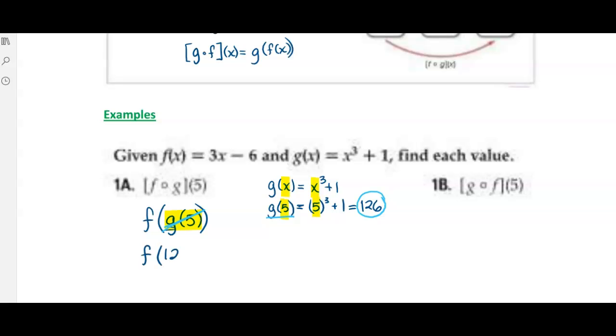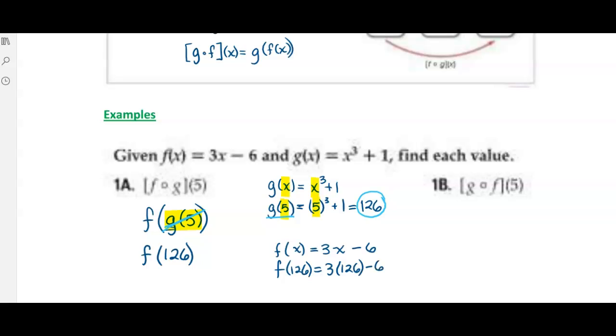f of 126. So then off to the side, I'm going to calculate f of 126. So my f function here was 3x minus 6. That's what my f function was, f of x. But I want f of 126, which means I'm going to take out the x and replace it with 126.